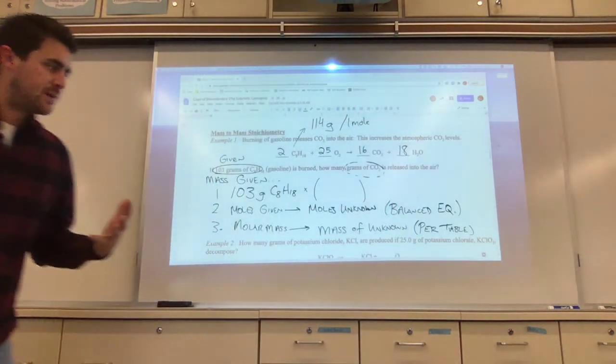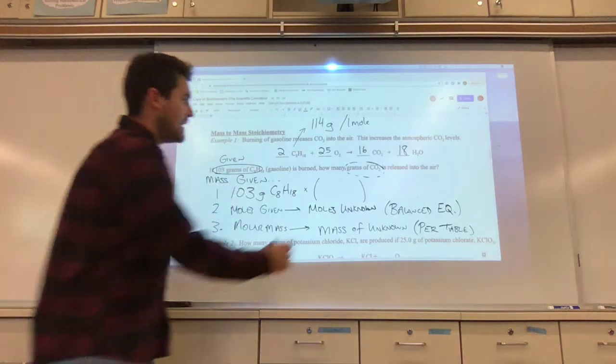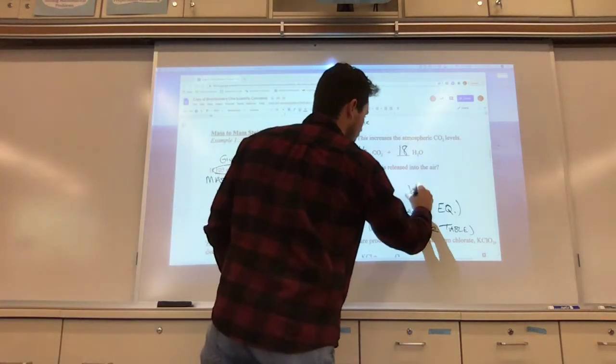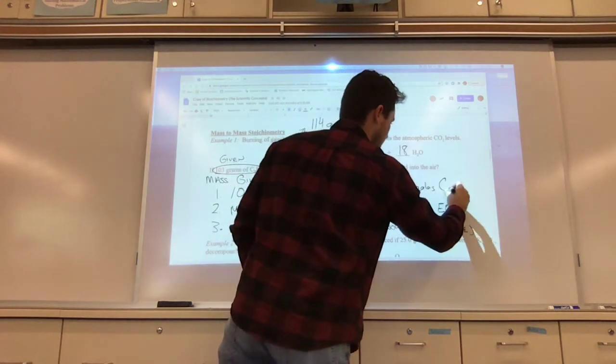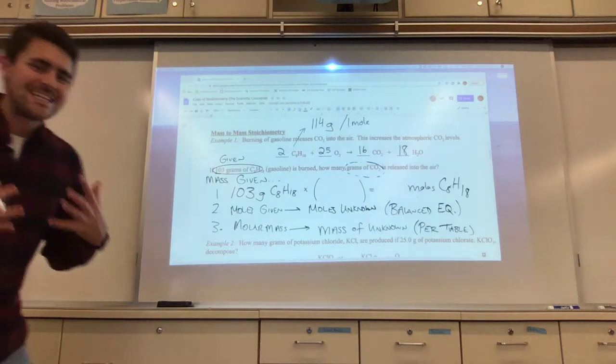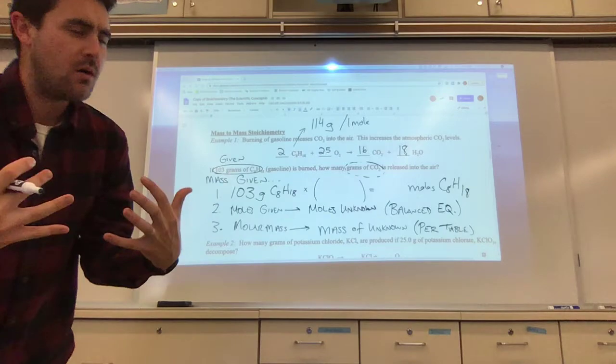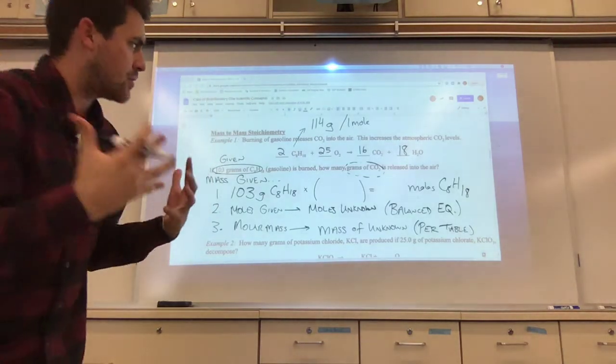And I have to ask myself, if I want to convert from grams of octane into moles of octane, I need to figure out what ratio I want. Do I want grams to moles, or moles to grams?